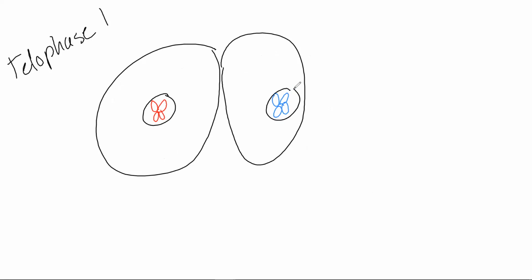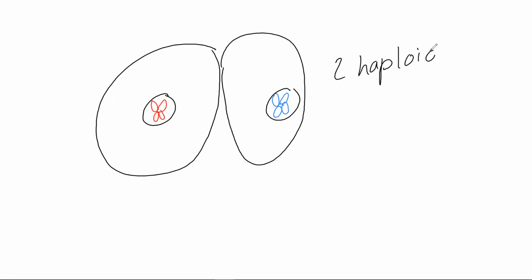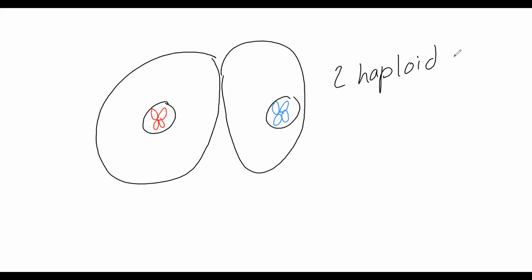But now you have the end of the first part, right? At the end of the first part, what you need to know, and this is the key part, you have now made two haploid cells. To be a haploid cell, you need to have half the DNA of the original.